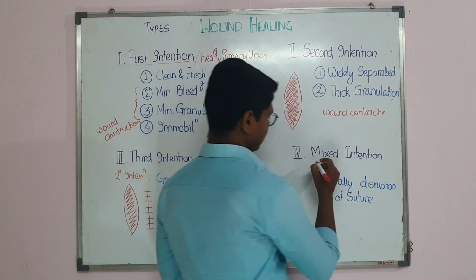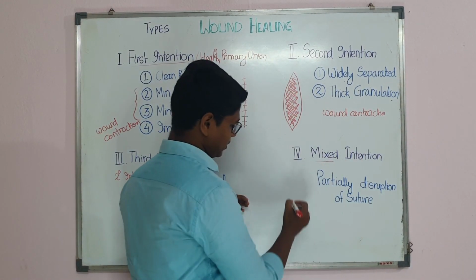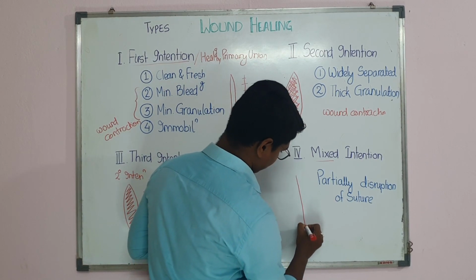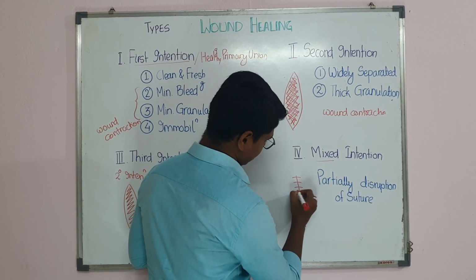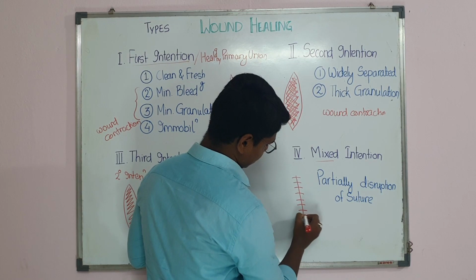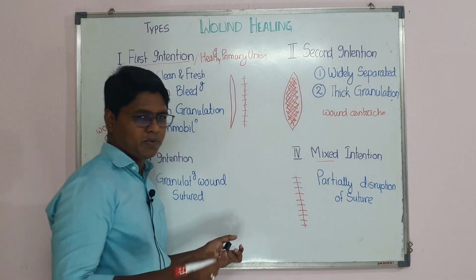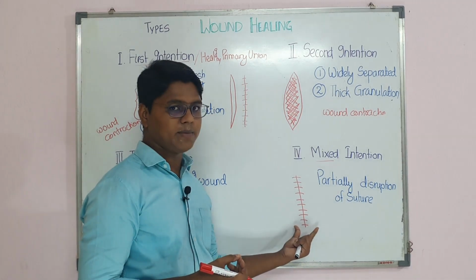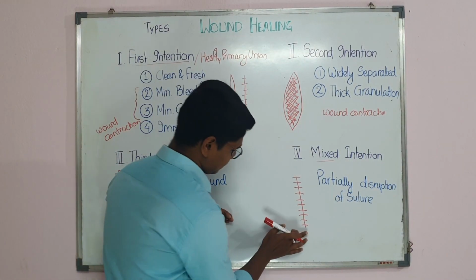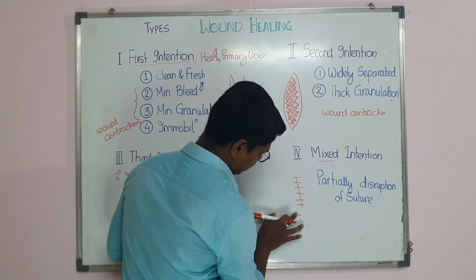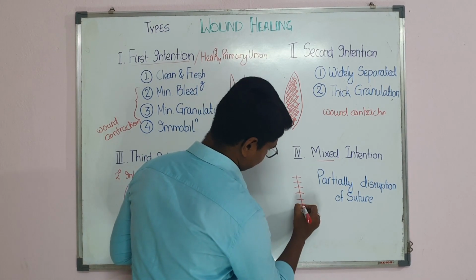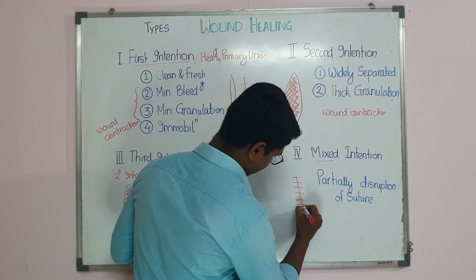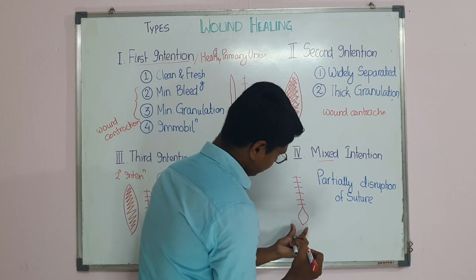Next, the mixed intention. What will happen? Suppose you have a wound which you have perfectly sutured. Suppose due to some activity, or maybe some animal, has disrupted some sutures. These four sutures the animal has disrupted, and there is some gap.